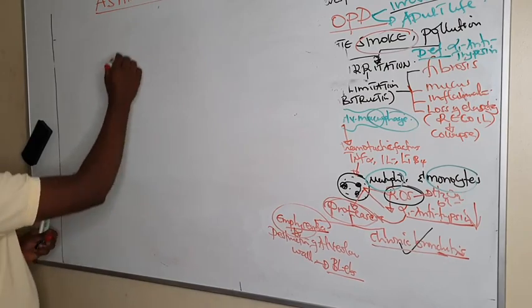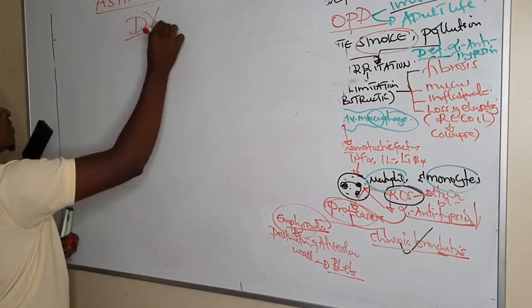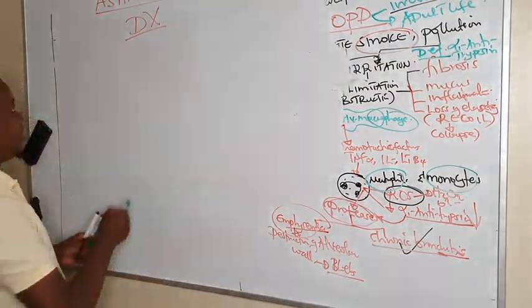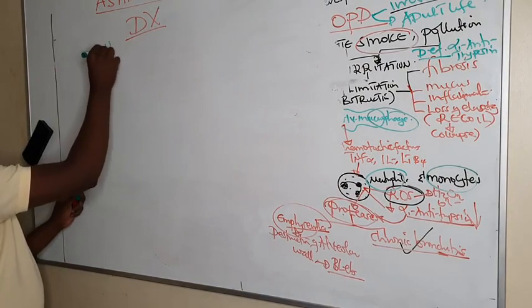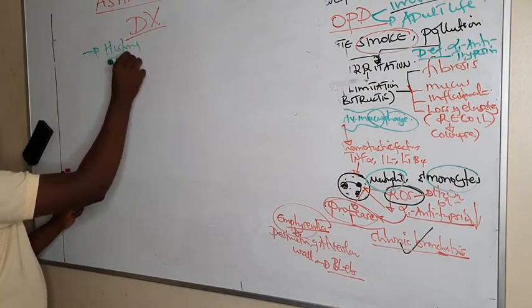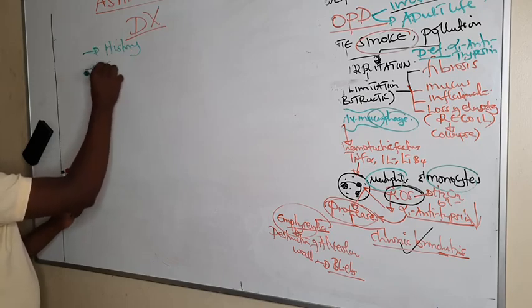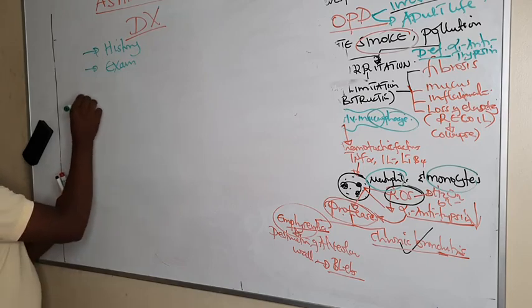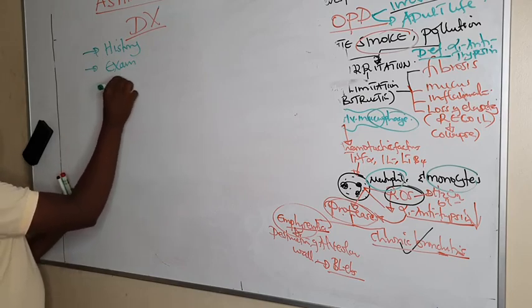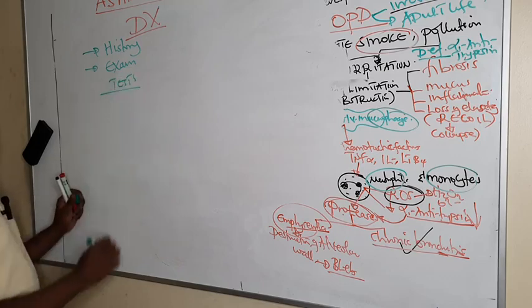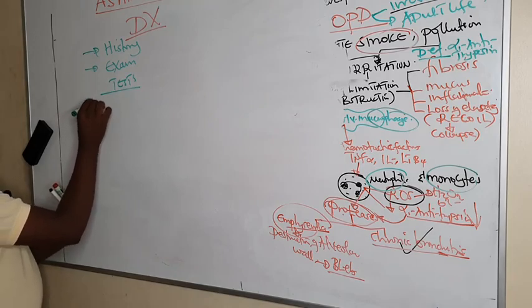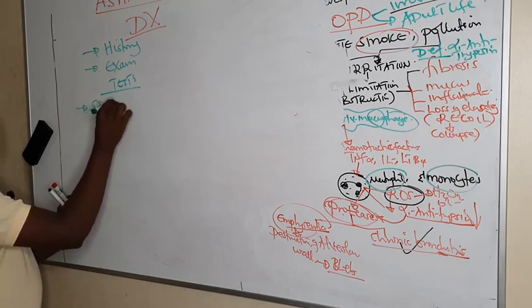So under diagnosis, the tests which are performed: one, we begin with the history of the patient. Then we look at the physical examination. Then we go to the tests which we can perform. Under tests, the gold standard is spirometry.